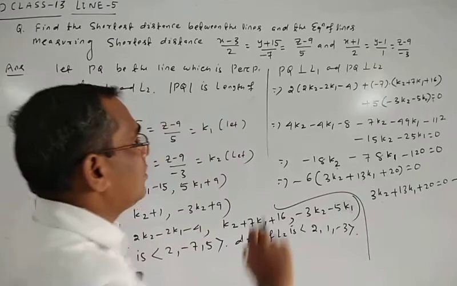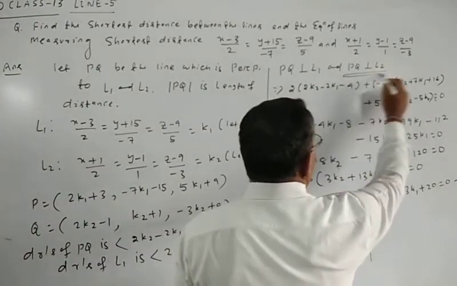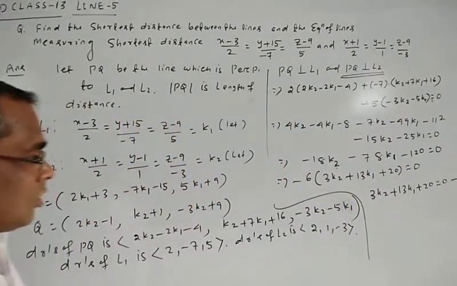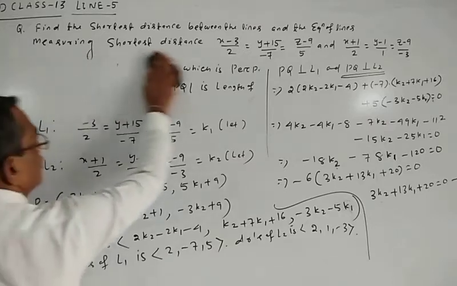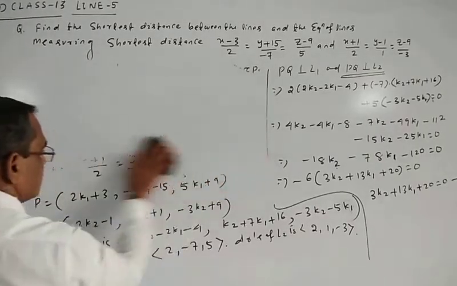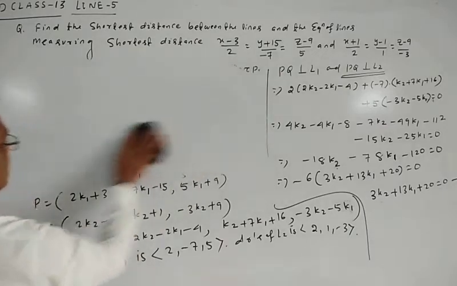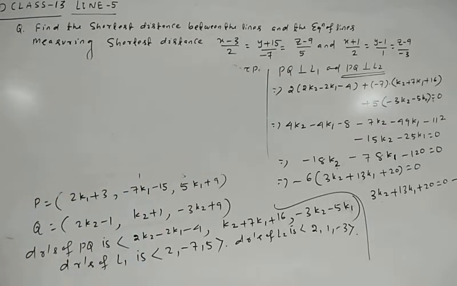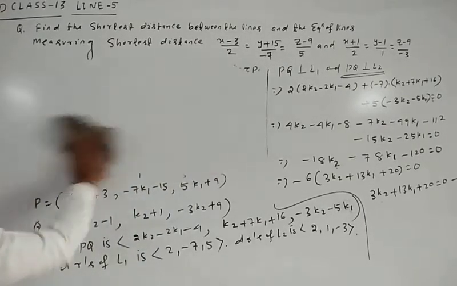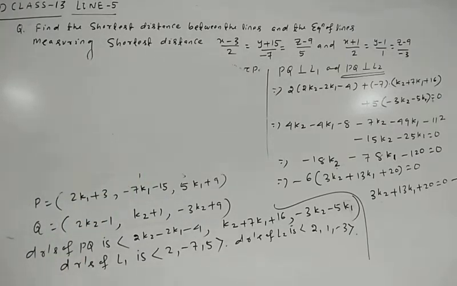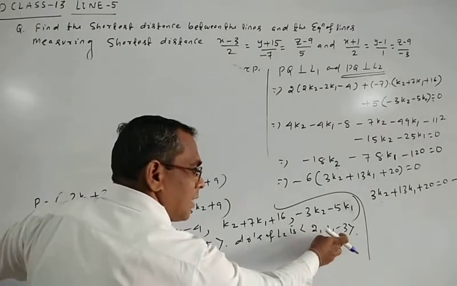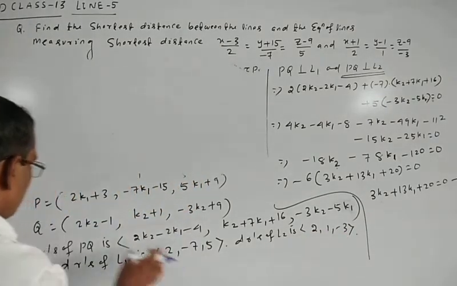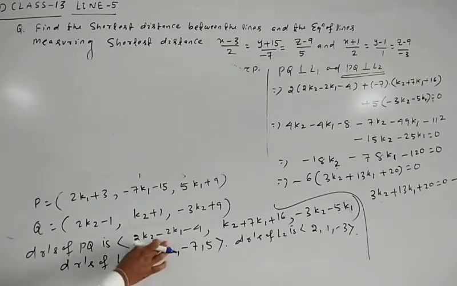Then again PQ perpendicular to L2. So by using perpendicular condition, PQ perpendicular to L2 means what is the direction ratio of L2? 2, 1, minus 3, and direction ratio of PQ is equal to this one.